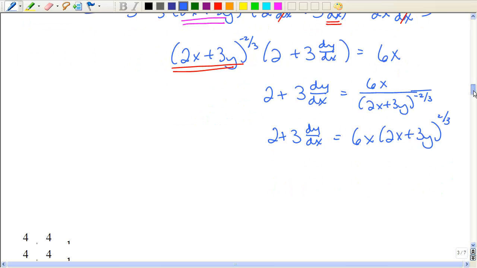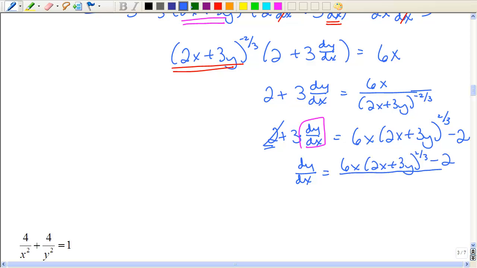So that's looking a little better. Okay, keep in mind we're trying to isolate this. All right, so it looks to me the next algebra step would be to subtract 2. So I'm just going to subtract 2. And then the last step, since this is 3 times that, would be to divide by 3. All divided by 3. And I don't see any other way to write that answer, so I'm going to leave it just like that.